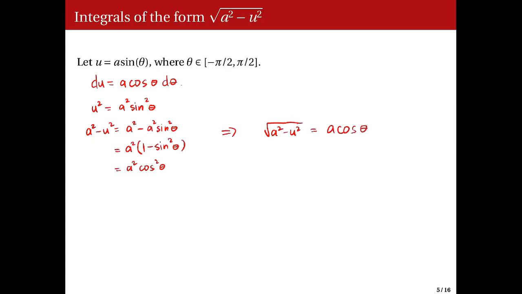And take note, theta must be between negative pi over 2 and pi over 2, because on this interval the value of cosine theta is positive, or 0 if theta is at the endpoints. So this means we don't have to put the absolute value.